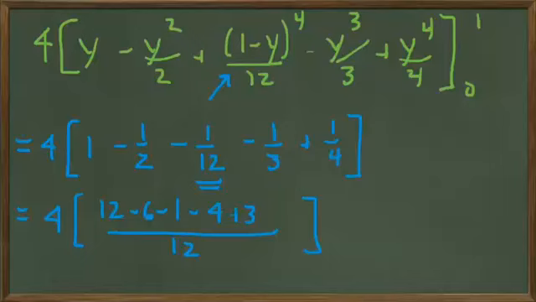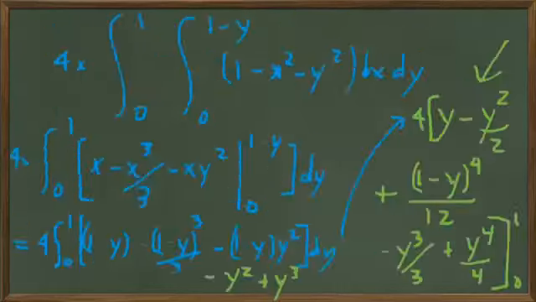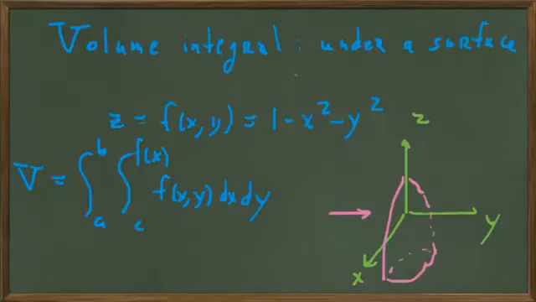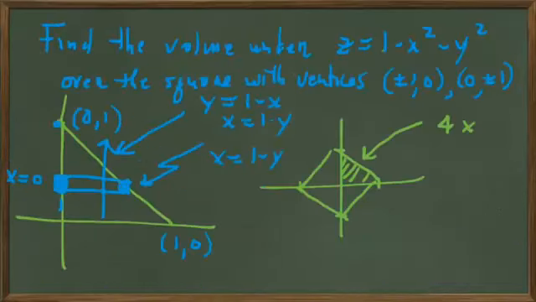And if we combine all those together, we get 4 times 4/12, which is 4/3. And remember, we were multiplying by 4 because way back we were just calculating over this little region right here, and there were 4 of those regions.